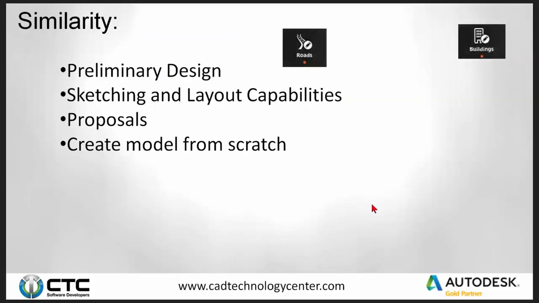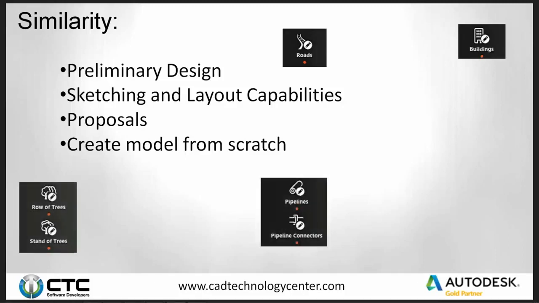So similarities between the two softwares: you have preliminary designs, sketching and layout capabilities, proposals, create models from scratch. Preliminary designs: roads and buildings, creating trees, stands of trees. Sketching and layout capabilities: pipelines, pipe connectors.